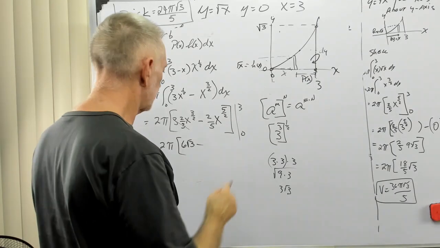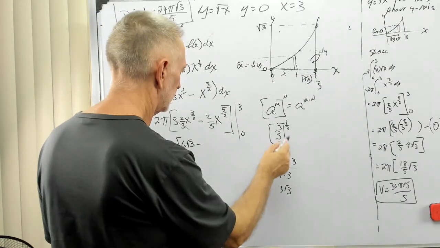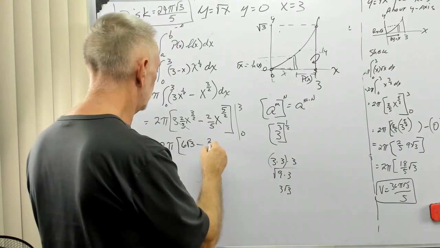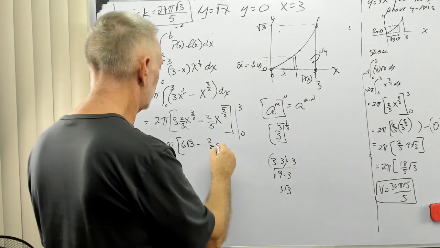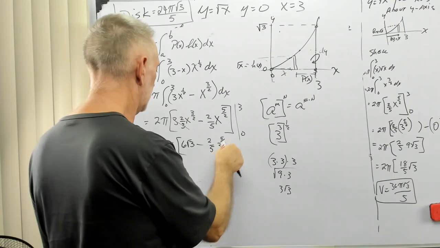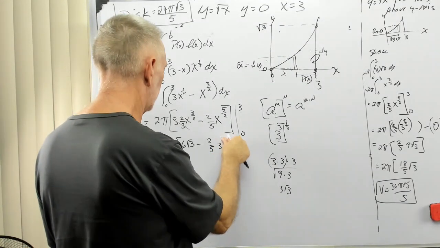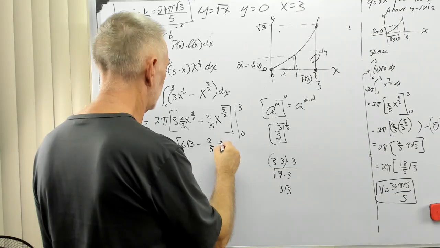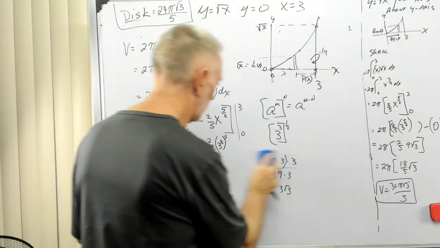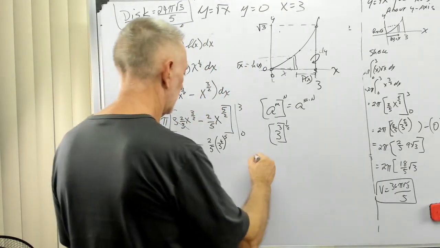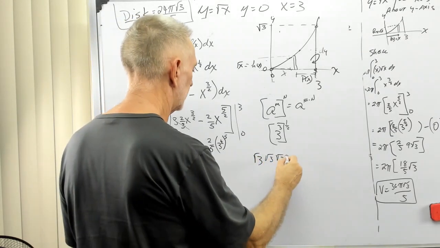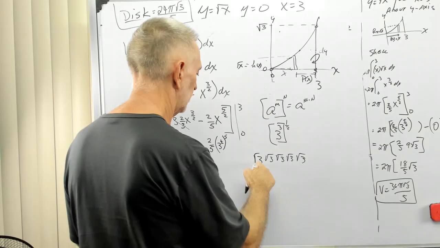minus, make sure we did right here, 3, yep. All right, so minus 2/5 times 3 to the 5 halves. Okay, we're going to look at this a different way. We're going to look at this one as 3 to the 1/2 to the 5th power. So the square root of 3 raised to the 5th power. So 1, 2, 3, 4, 5.